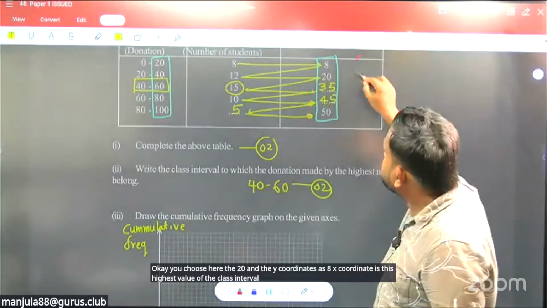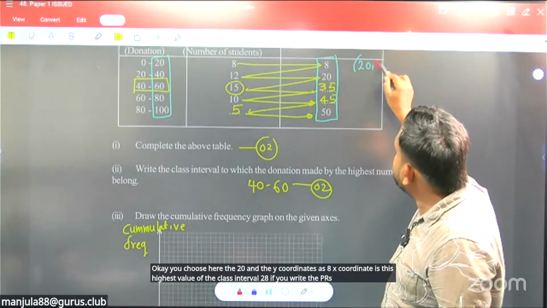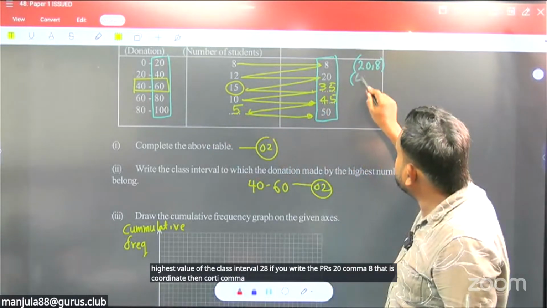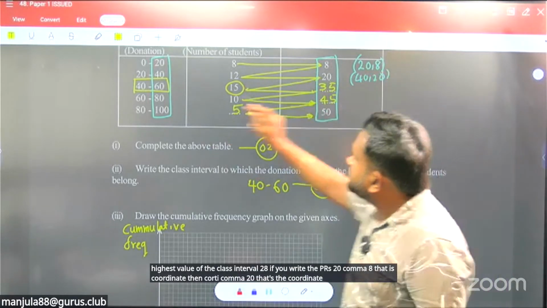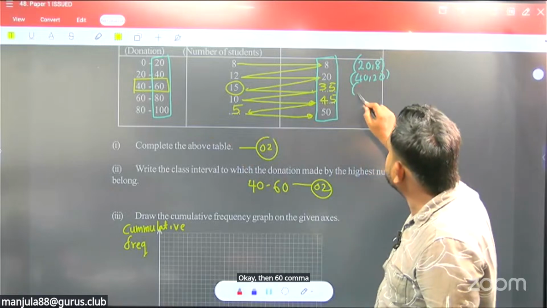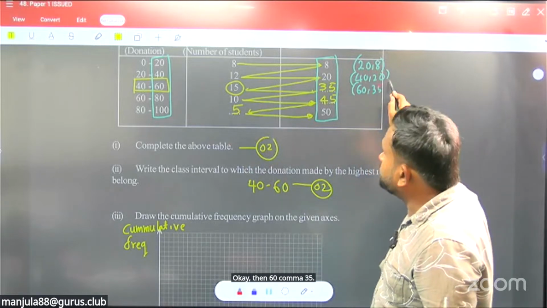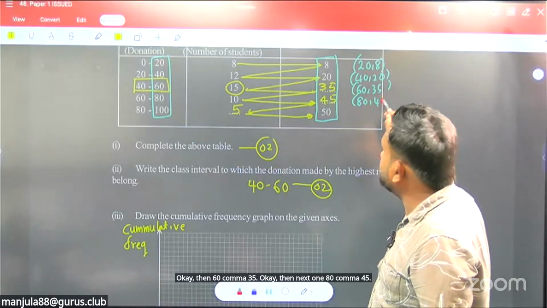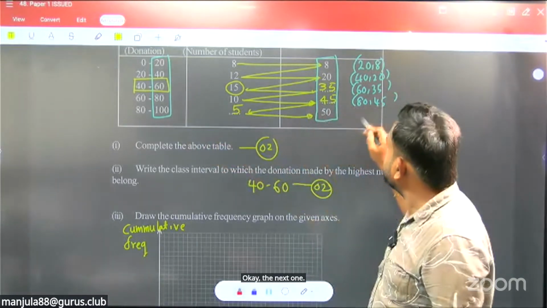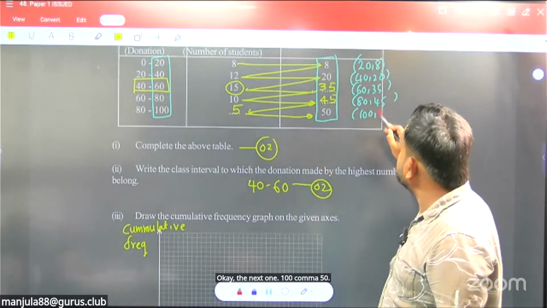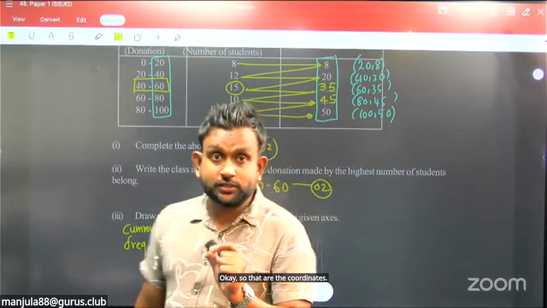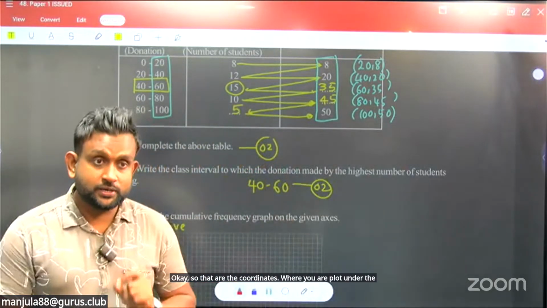So the pairs are 20 comma 8, then 40 comma 20, then 60 comma 35, then 80 comma 45, then 100 comma 50. Those are the coordinates you plot for the cumulative frequency curve.